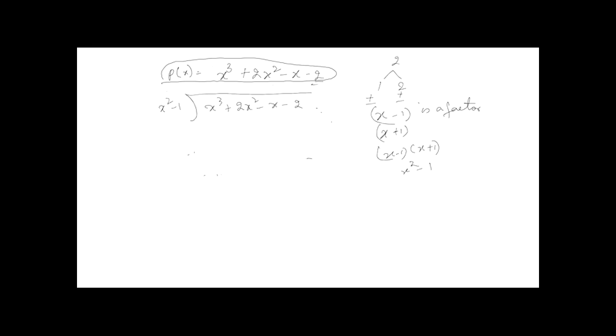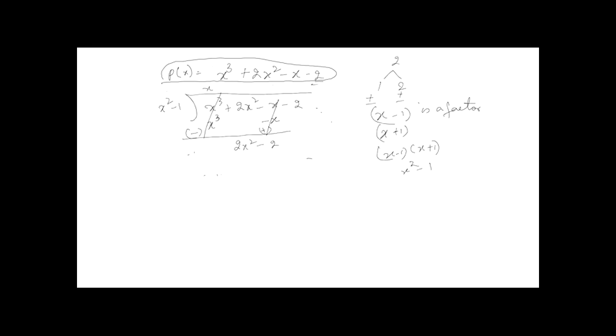Now, what will be the remainder? 0, ma'am. Very good. It will be 0. X cube minus x, change the sign. 2x squared minus 2.